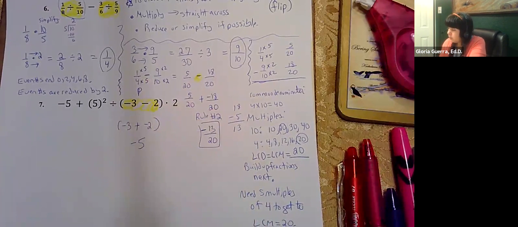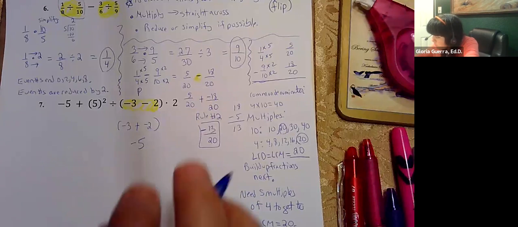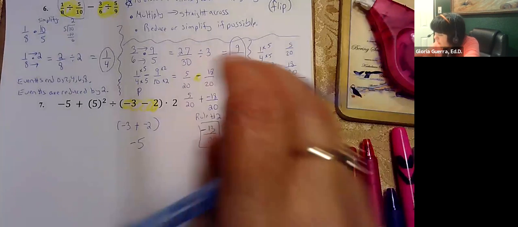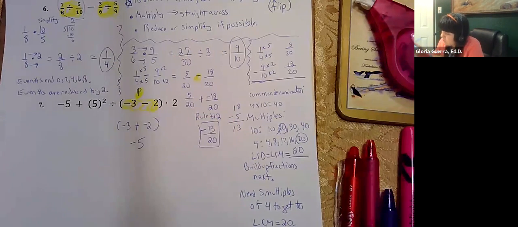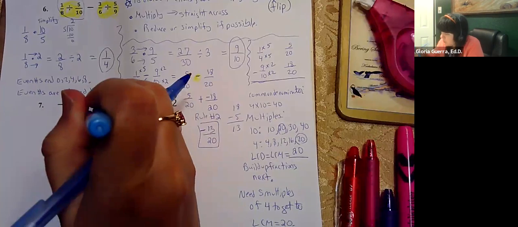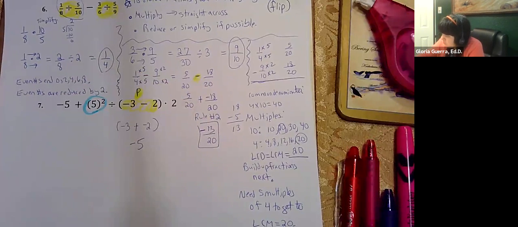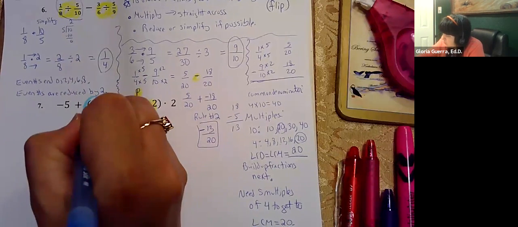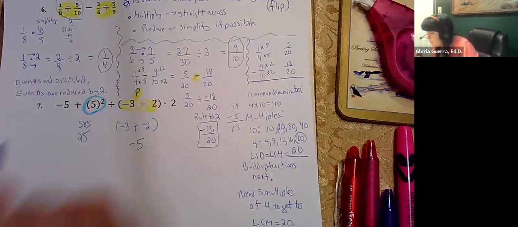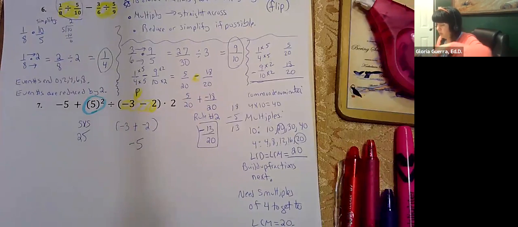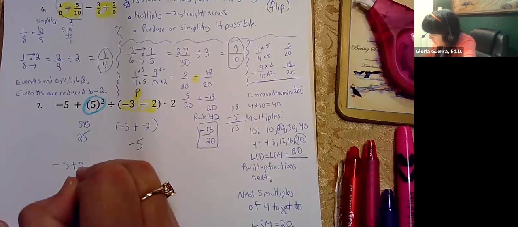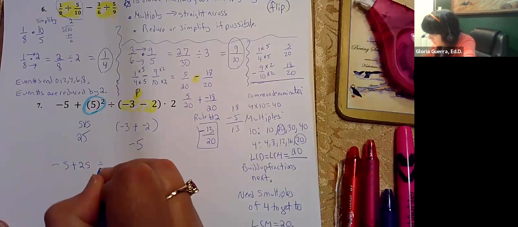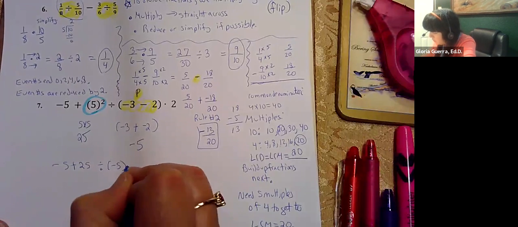Then you have exponents. So after your P, you have exponents right here. 5 squared, which is 5 times 5, which is 25. Okay. So then I have -5 plus 25 divided by -5 times 2.